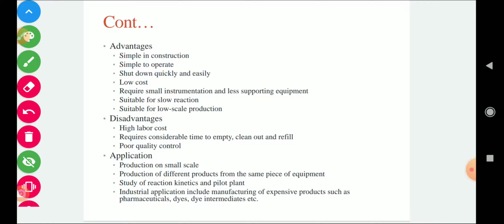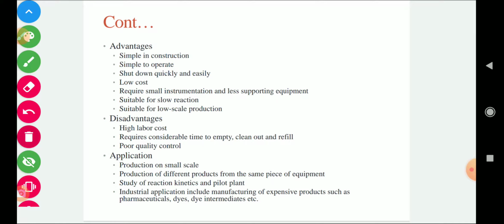So if the reaction is very slow, in that case the total volume required for a CSTR is very large, because for a slow reaction we should have large hold up time for significant conversion. So for that you require very large amount of reactor. So for very slow reaction, the batch reactor are more preferred, suitable for low scale production. Because their cost is low, so for small production they are more suitable.